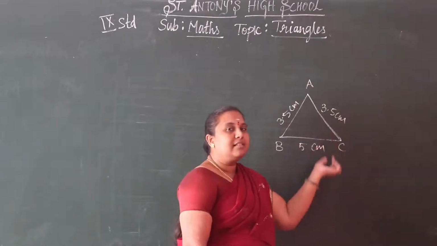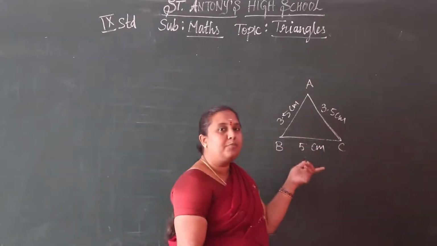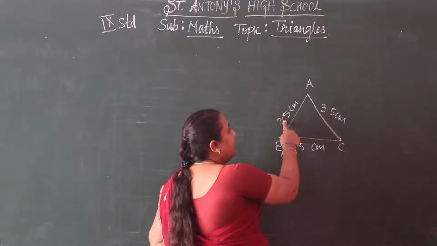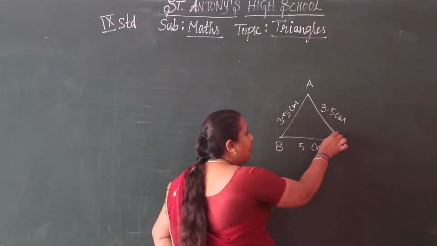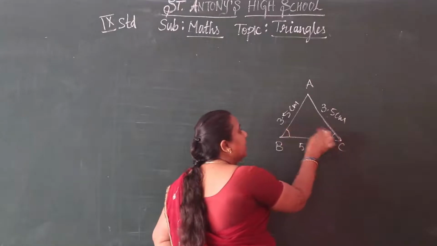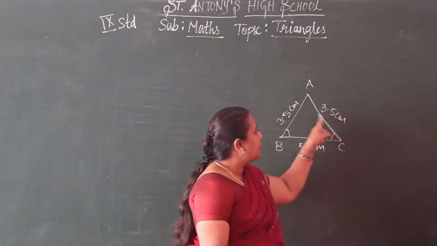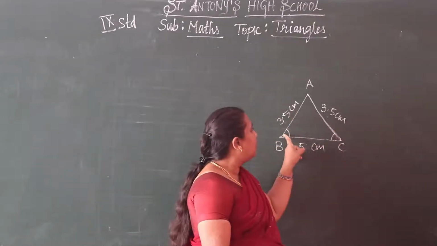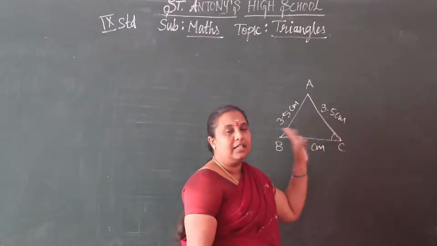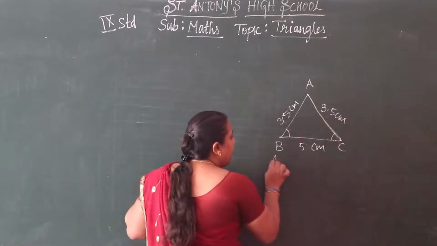Based on this isosceles triangle, we have a property of triangles. What is the property? These two sides are equal means the angles opposite to equal sides are equal. So the property is: angles opposite to equal sides are equal.